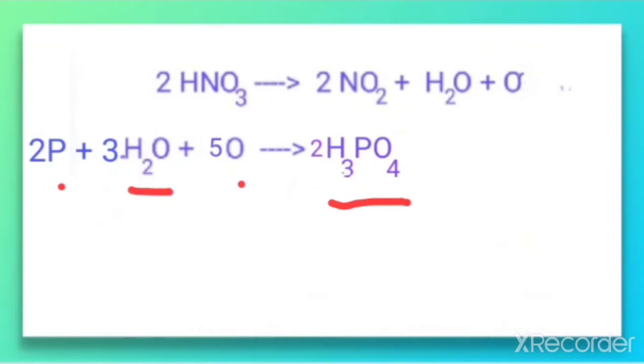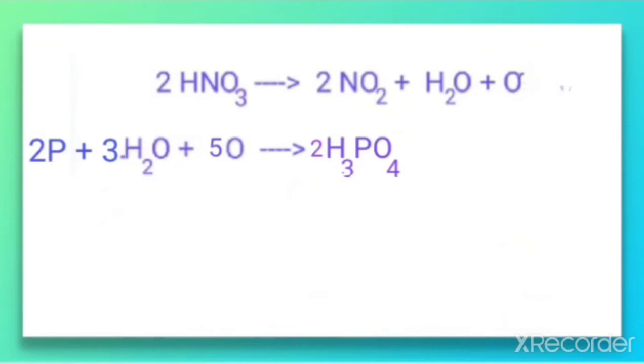But it should be balanced. So you need to balance this equation. When you take twice of this one, 2H3, that is 6 hydrogen. So we need to take 3 here and 5 nascent oxygen. When you do the balancing, it will come out this way.